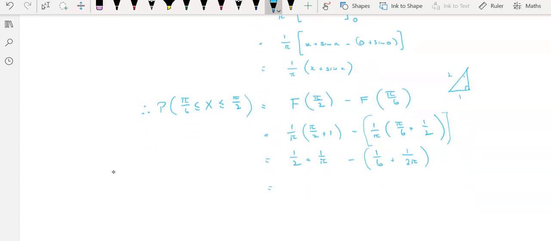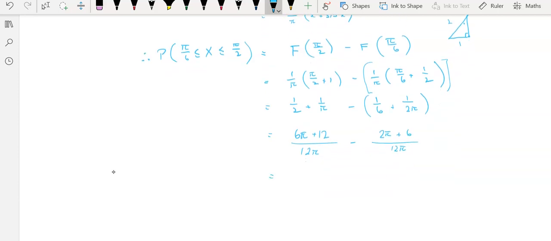It looks to me like I'm going to have a denominator of 12 pi here. So I get 6 pi plus 12 over 12 pi, minus 2 pi plus 6 over 12 pi.